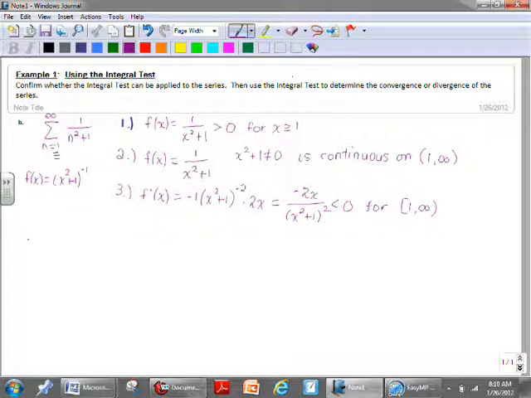We are basically going to analyze the behavior of the integration from 1 to infinity of this function, 1 over x squared plus 1 with respect to x. And what the integral test says is whatever this does in terms of its convergence or divergence is the same as whatever this summation expression will do. They are one and the same.